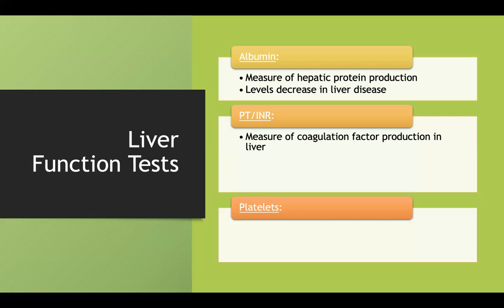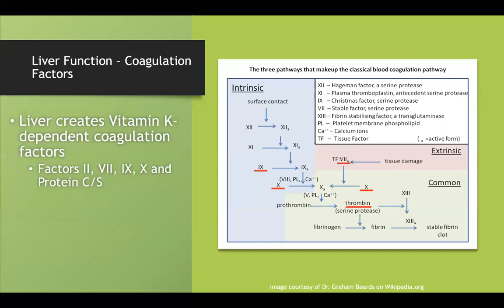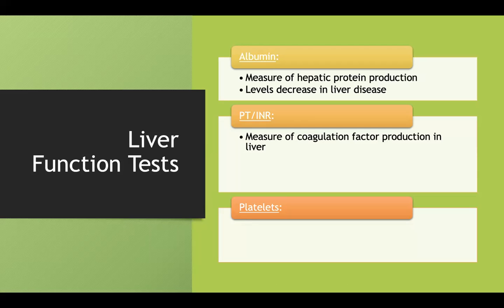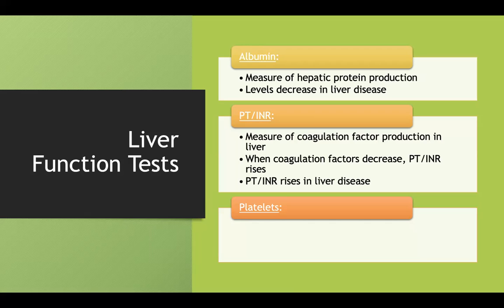PT-INR is a measure of our coagulation factors in our liver. Remember here that our liver is responsible for several coagulation factors: 2, 7, 9, 10, and then protein C and S. When our coagulation factors start to decline, our PT-INR levels will rise, just as it does in liver disease.